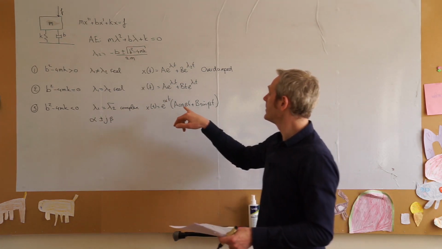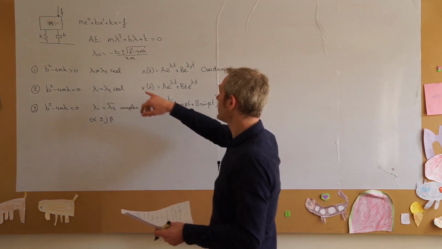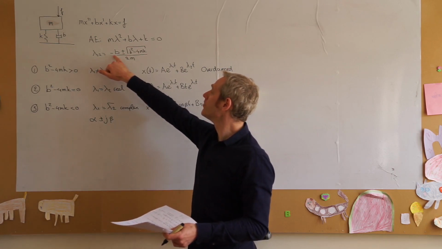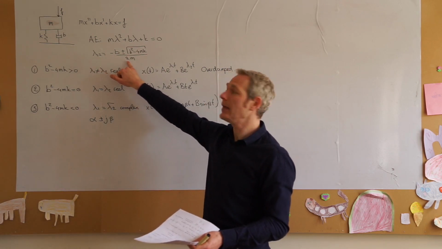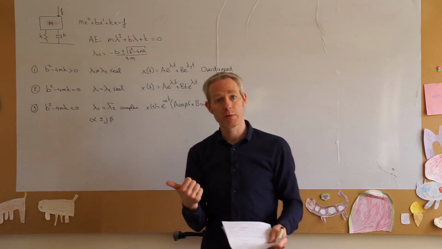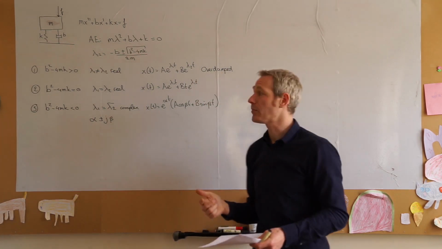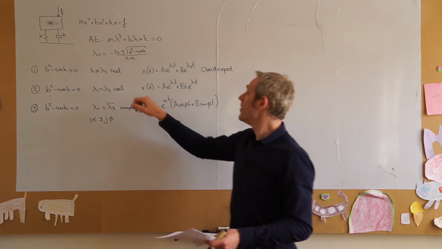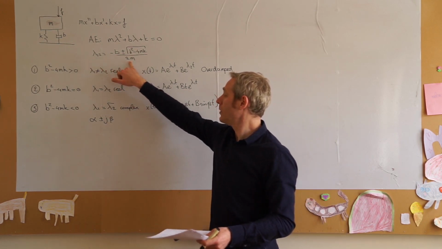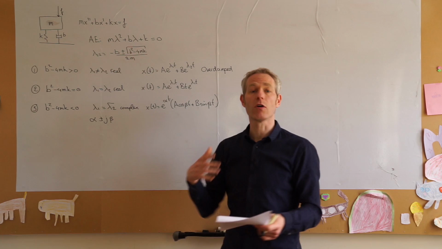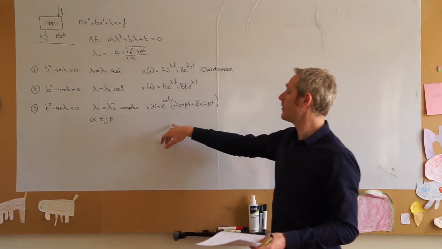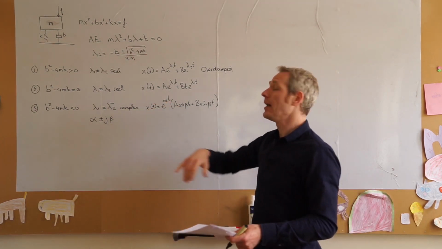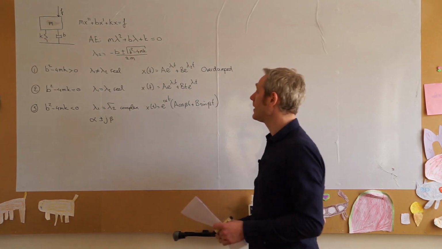Now in our case, if we look at the roots, the real part is minus b over 2m. In a mass spring damper system, the mass is positive, the damping coefficient is positive, and the spring constant is positive. So this term minus b over 2m, which will be equal to alpha, is always negative. So if we get a value for alpha that is non-zero, it will be negative, and we get decaying oscillations.